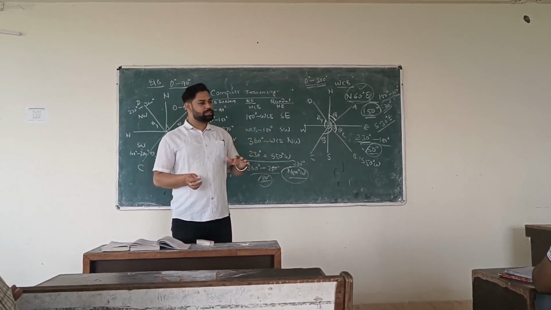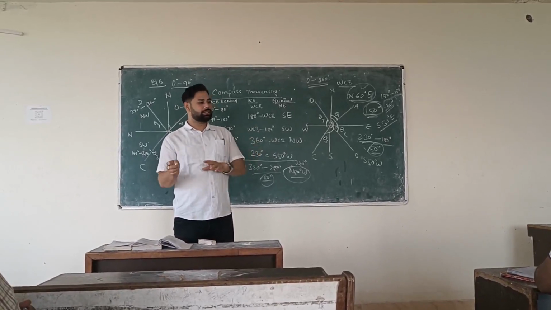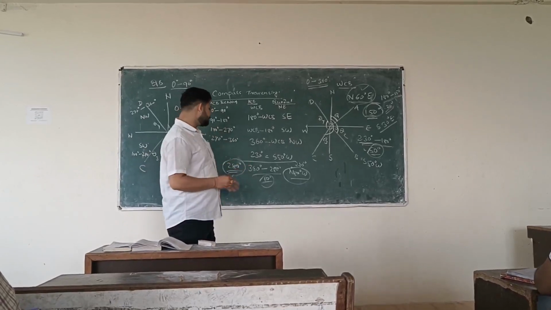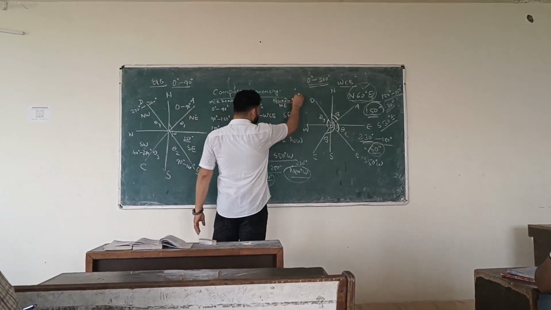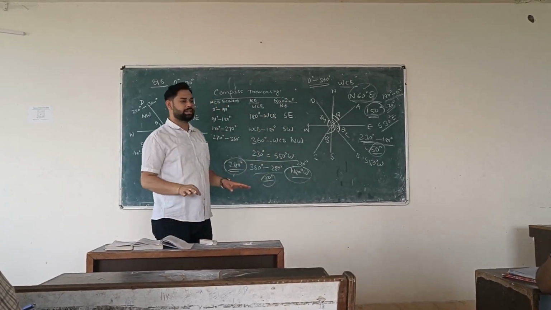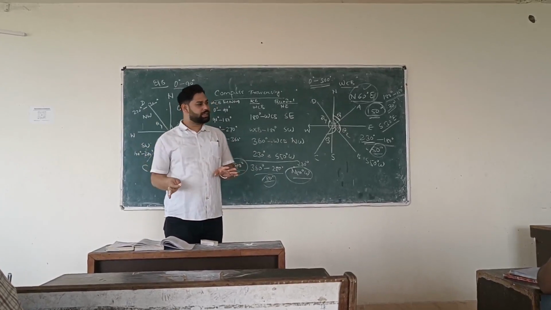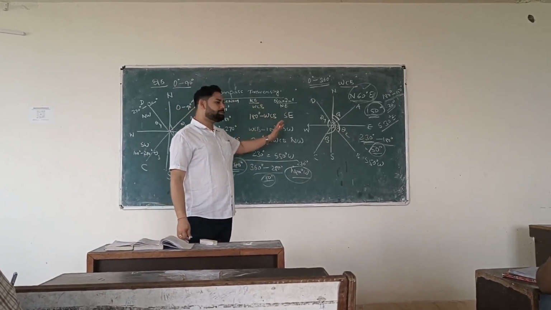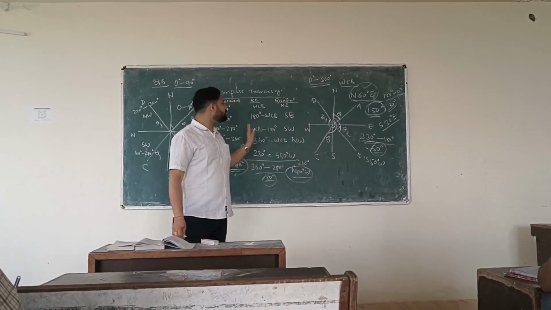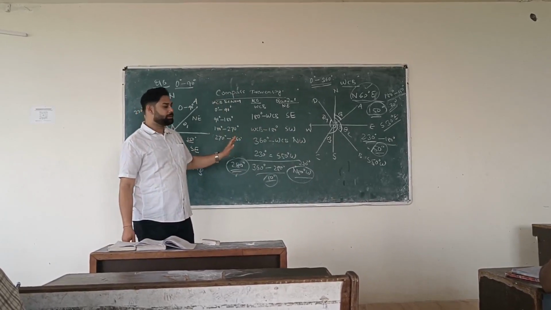But in QB system, every bearing has a quadrant: north 30 degrees, south 40 degree west, like that. In WCB system, no quadrants are there, because it is counted from 0 degree to 360 degree, and in QB system it is counted from 0 degree to 90 degree. Okay, this is all about your WCB system and QB system. Any doubt?